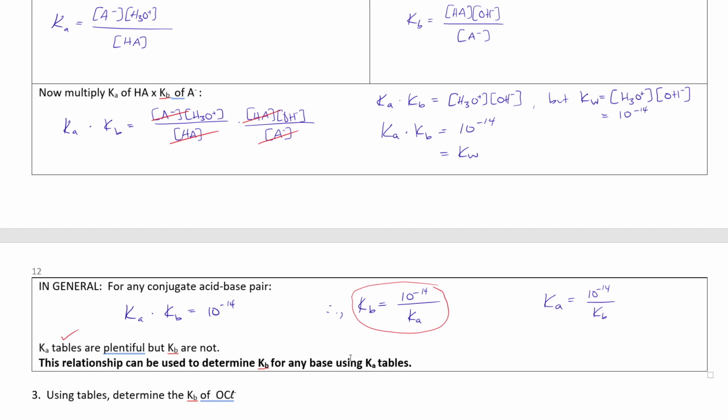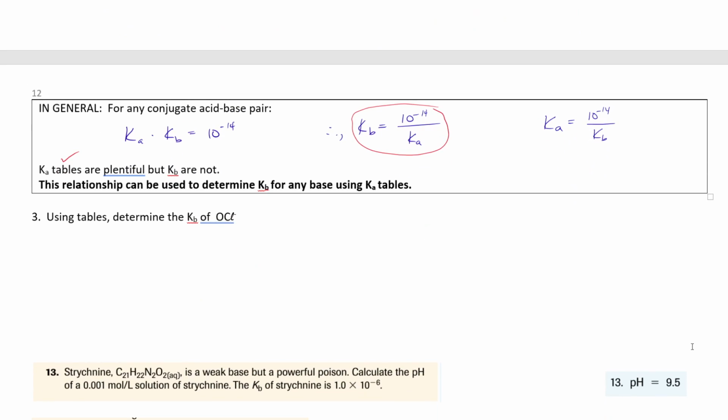So, for example, there is no table that gives us the Kb value of OCl minus, or the hypochlorite ion, right? What we have to do is take the Ka and then use it to calculate Kb. So let's just quickly write that out so that you have that in your notes.